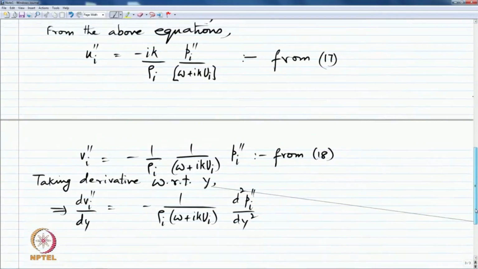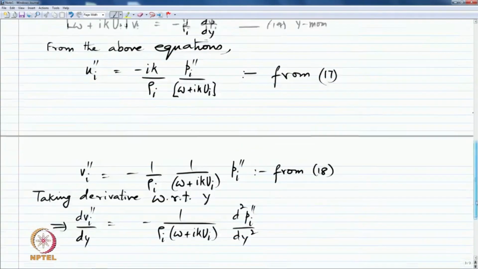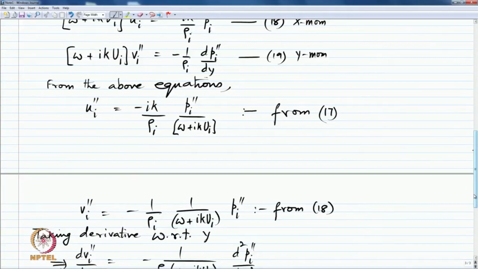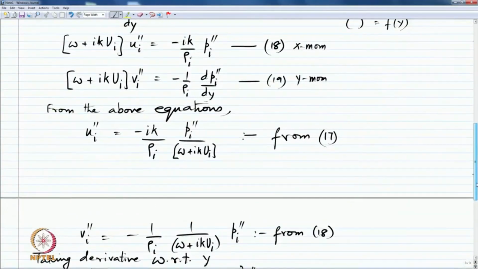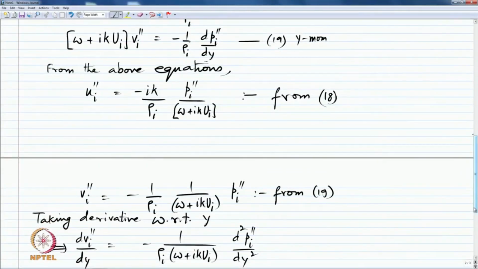So, we are able to write down u i and v i. u i double prime is minus i k over rho i times p i double prime divided by omega plus i k u i, and v i double prime from 18 or from 19 is given by this.